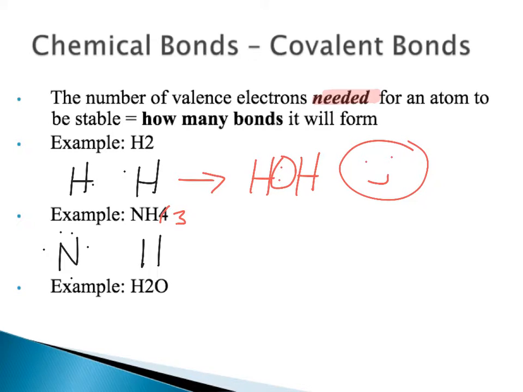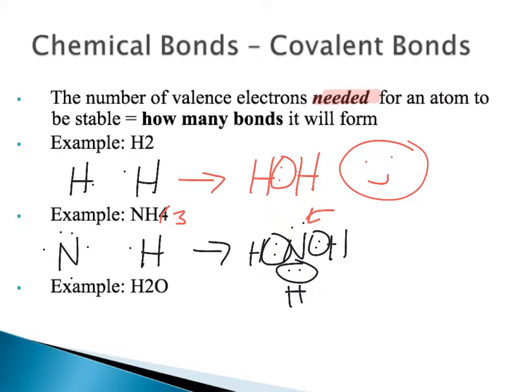Hydrogen is still 1. So what's going to happen here is it's going to look like this. We're going to put nitrogen in the middle, and we have a hydrogen over here, hydrogen over here, hydrogen over here. And they are going to share here, here, and here. Up here, these electrons were just nitrogen's to begin with, so those are not shared with the hydrogens.